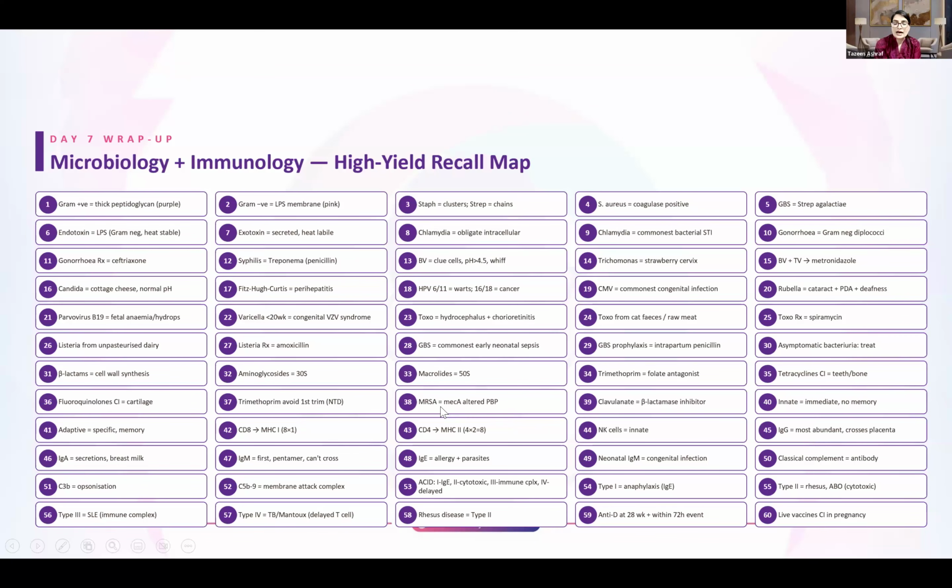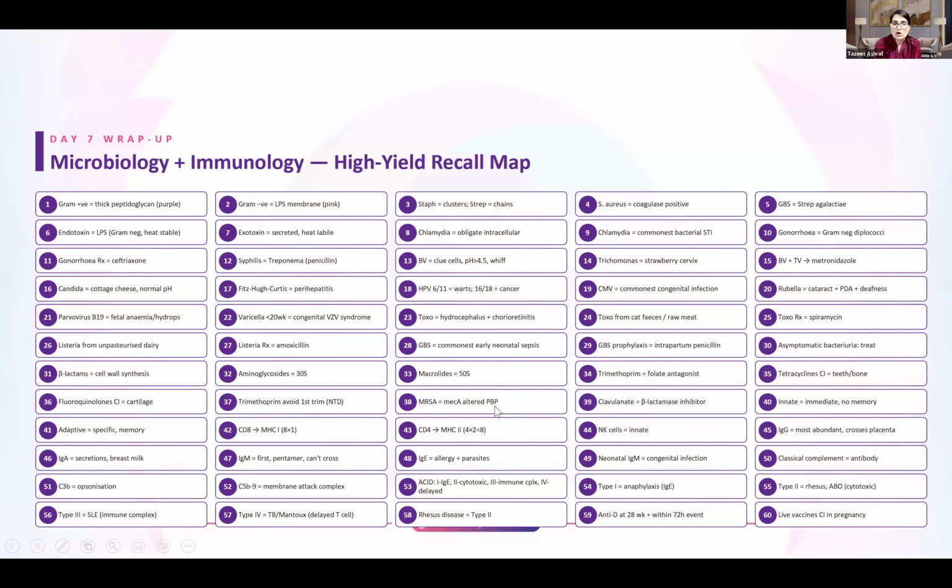Okay, MRSA, they are basically associated in that they alter the PBP. Clavulanate, basically beta lactamase inhibitors.